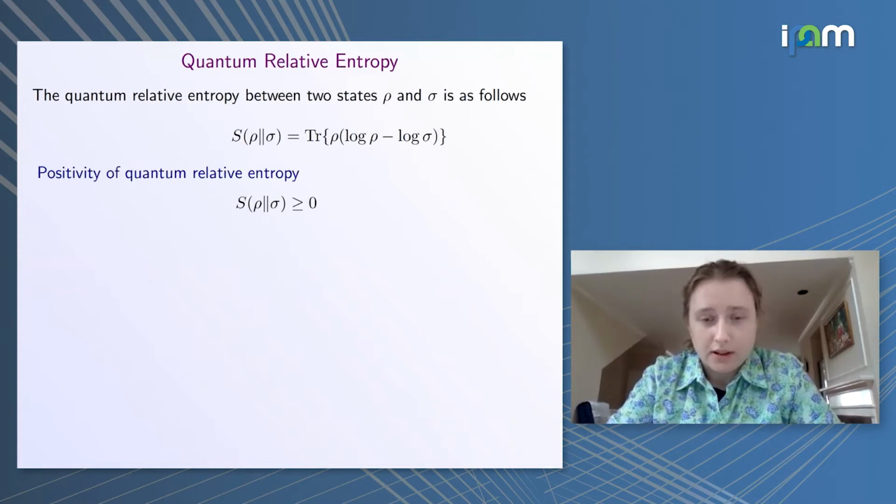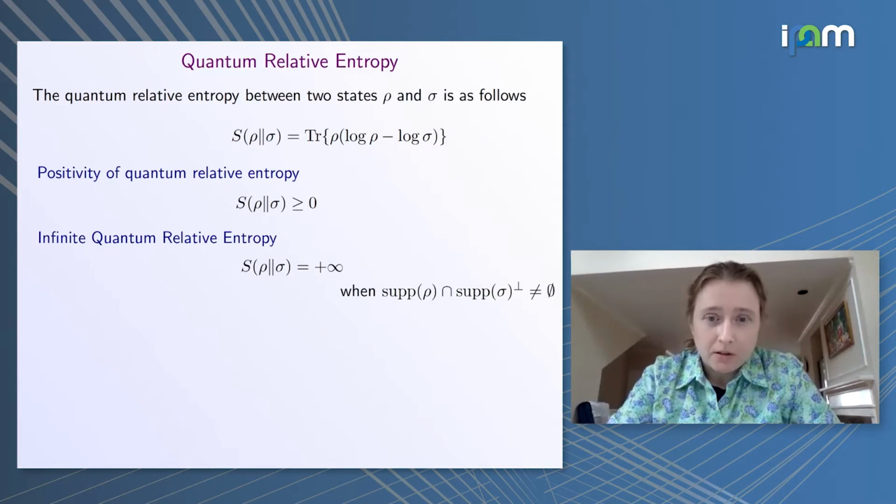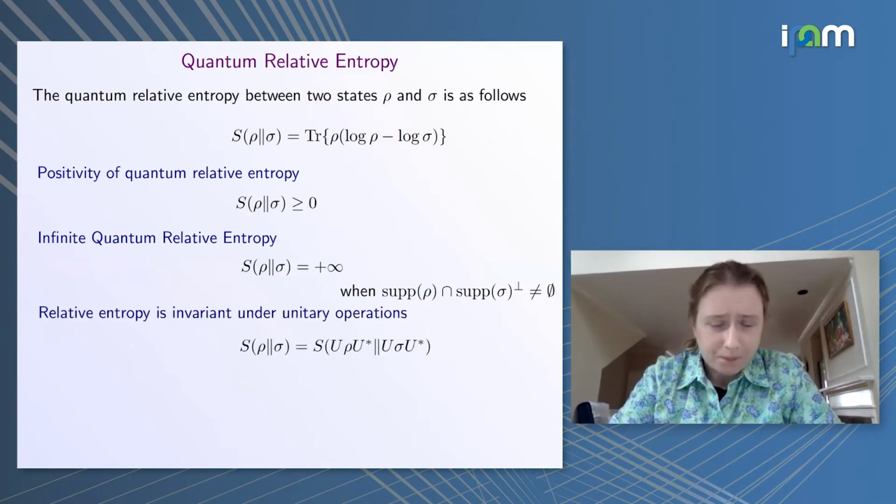Well, first of all, it's non-negative, and that's how we expect a measure to be. It also can be infinity when these states are orthogonal to each other. So the larger the relative entropy is, the easier it is to distinguish these two states. And the closer to zero they are, of course, it gets harder and harder.